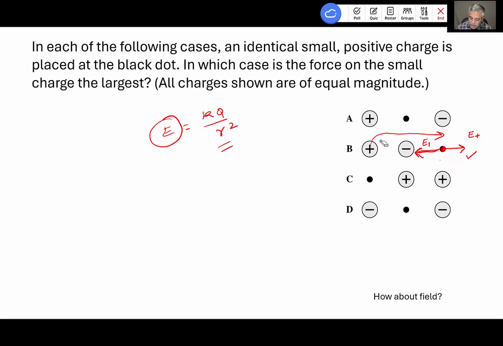But over here, this is closer. R for this negative charge and this point, the distance between these two is smaller, which means the field is going to be larger. That's how you want to look at each of those dots.